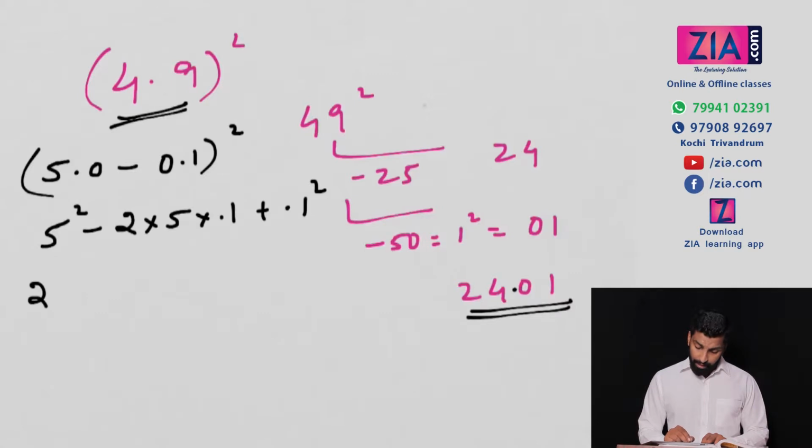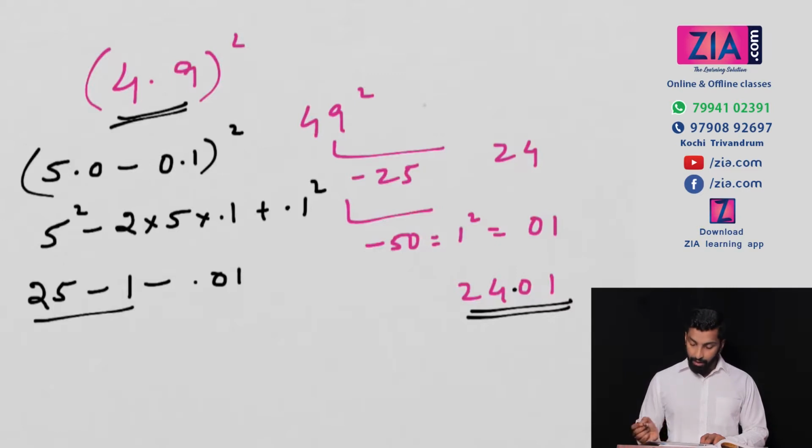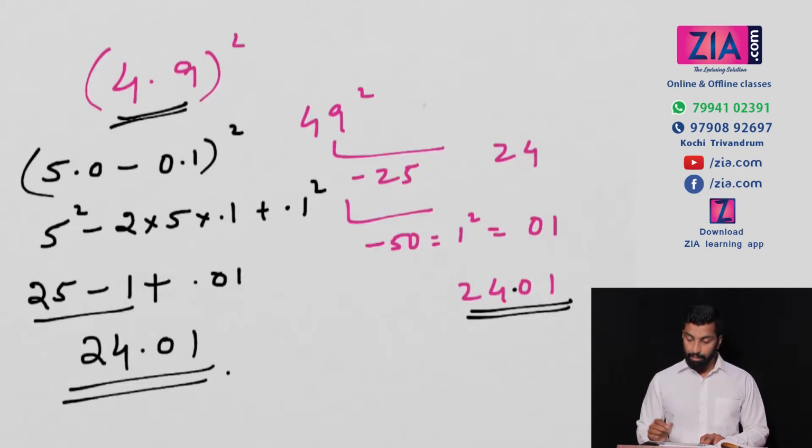So 5 square is 25 minus 2 into 5, 10, 10 into 0.1 becomes 1, plus 0.1 square. 0.1 into 0.1, you'll get 0.01. So 25 minus 1, 24 plus 0.01. That's what your answer is.